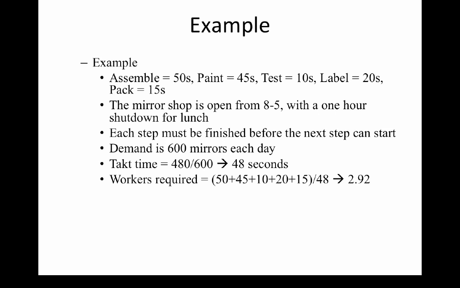So you only consider the 8 hours as available time, and 8 hours times 60 minutes gives you 480 minutes. And then if demand is 600, you divide it and you find out that you have to get through a mirror every 48 seconds. So a mirror needs to come off that floor every 48 seconds in order for you to meet demand.